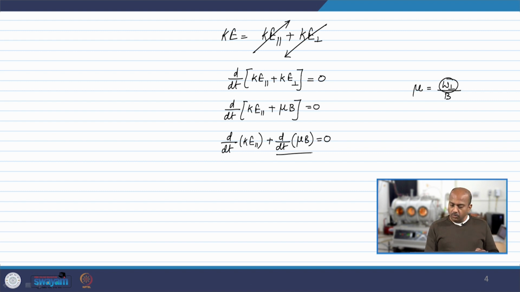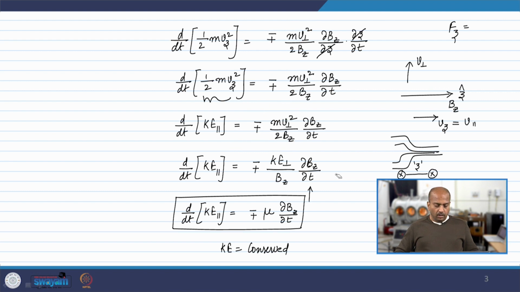So d/dt of mu B is mu times dB/dt plus B times dmu/dt. So this is of course 0, right. So we can straight away write this as d/dt of KE parallel plus d/dt of mu B is equal to 0. Now, let us go back. What is the rate of change of parallel kinetic energy?